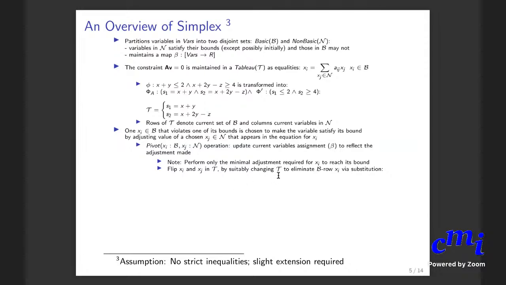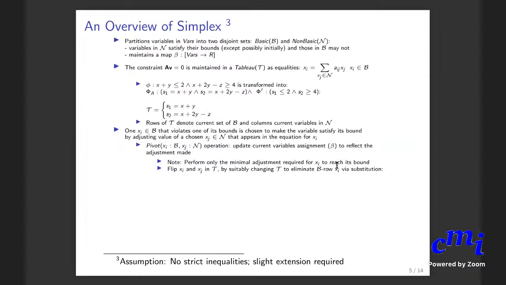And it performs only the minimal adjustment required: for xi, it changes xj minimally in order to bring xi to its bound.